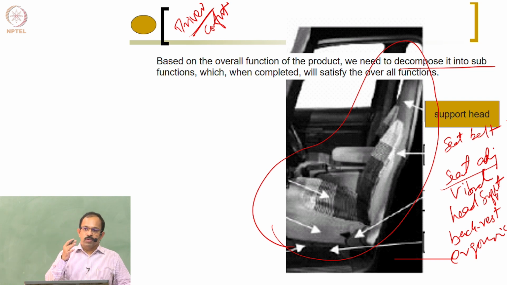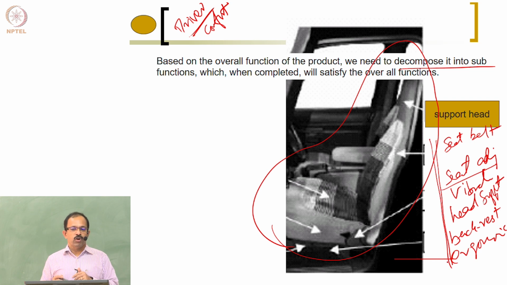So now you know that a seat is not just for sitting. It actually provides you multiple things. So these are the multiple functions it actually provides in order to give the comfort. Now, if you are thinking of improving the comfort, you can look at any of these functions and see which function can be improved to improve the comfort.